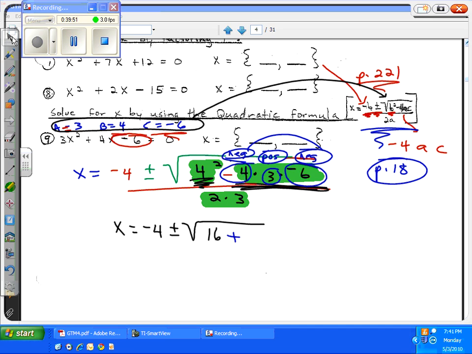And we have 4 times 3. 4 times 3 is 12 times 6 is 72. All over 2 times 3 is 6. So we did 3 chunks. Now, we're going to finish up under that square root.